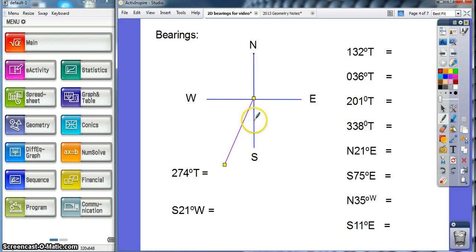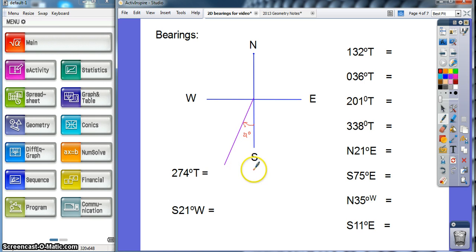Now it doesn't have to be measured accurately, but generally it should be on the right side of 45 degrees. That would cut that 90 degree angle in half, so for 21 degrees, this will be fine here. That means that's 21 degrees there, so I've started south and gone 21 degrees west like that.